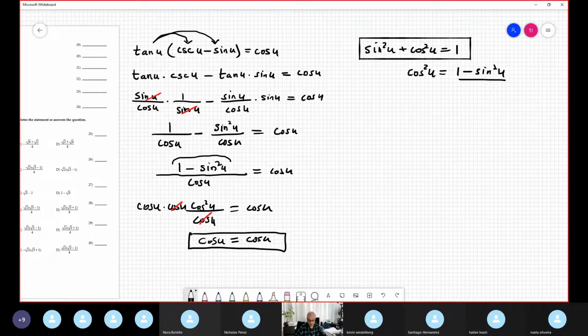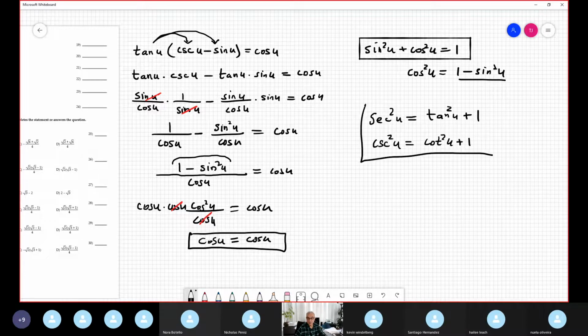So Pythagorean, we have a collection. The most popular is sine square plus cosine square equal 1. We have another, which is secant square, which is also Pythagorean, is tangent square plus 1. And we have another, which is cosecant square u or theta, either way, is cotangent square u plus 1.